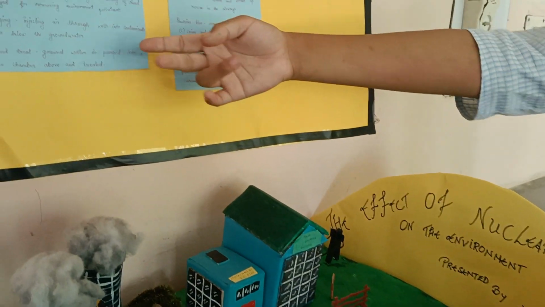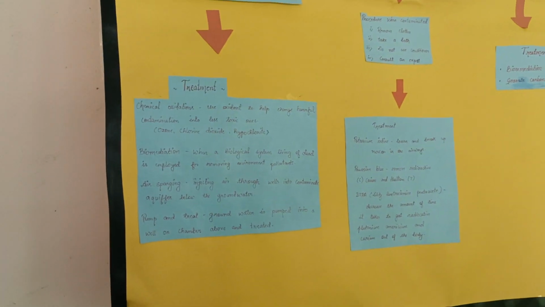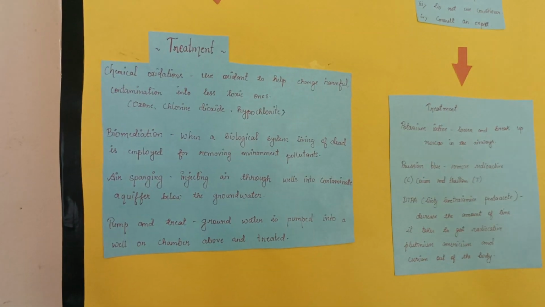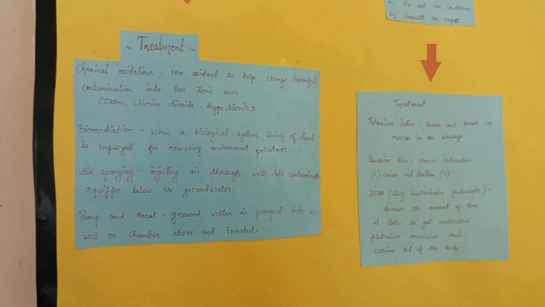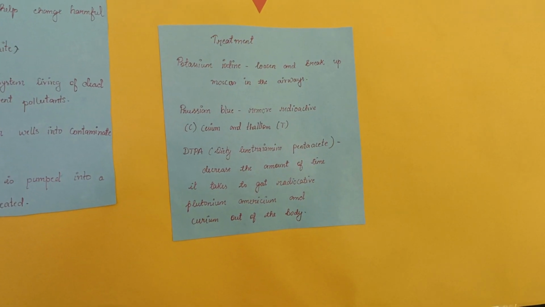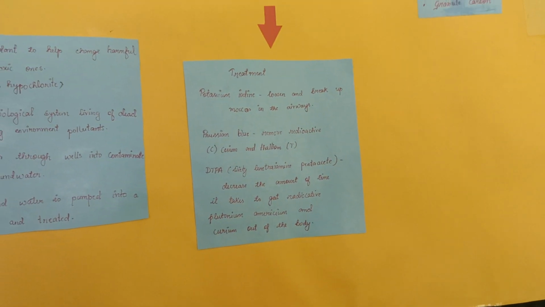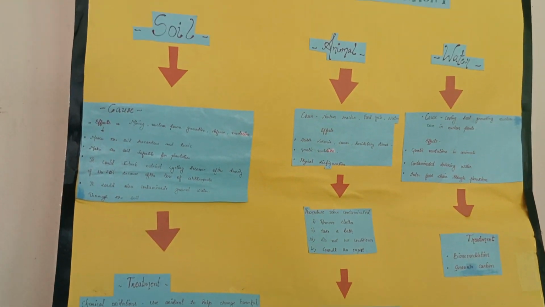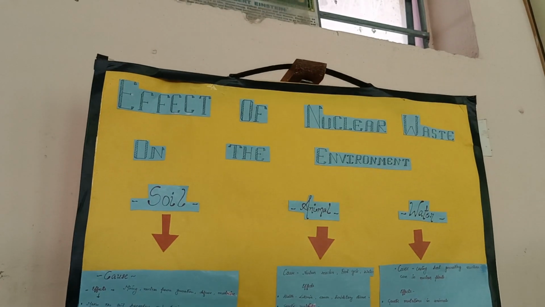One is air sparging, which is the process of injecting air through wells into the contaminated aquifer below the groundwater. The second is pump and treat, which, as its name suggests, is a method in which the groundwater is pumped up to a well above the groundwater, and then it is treated.